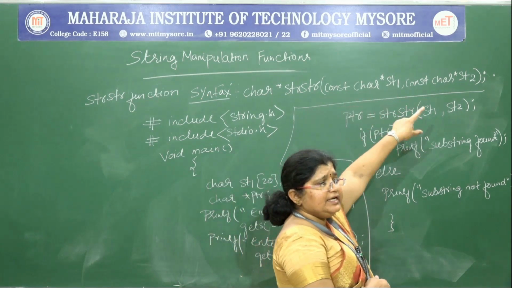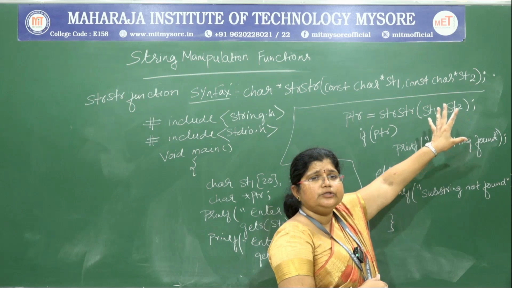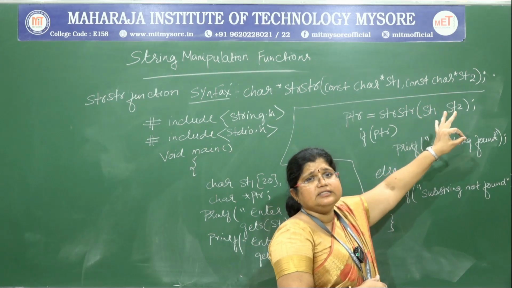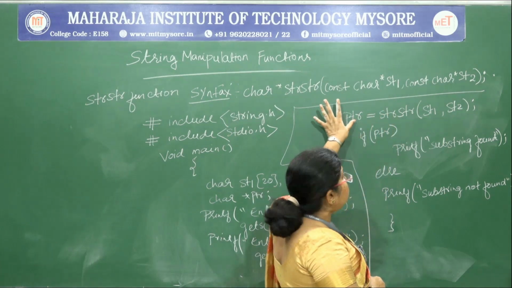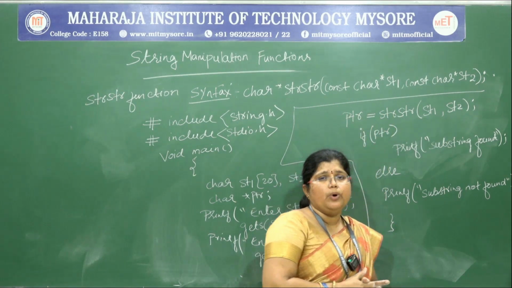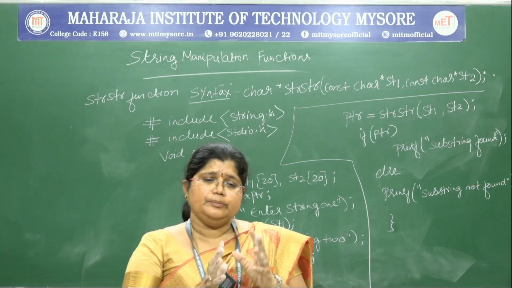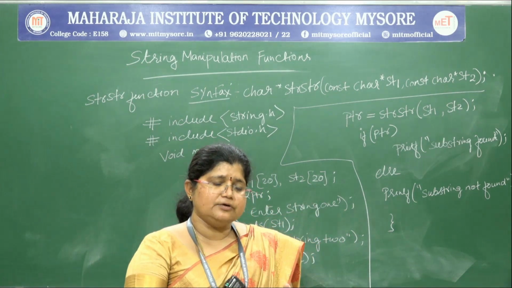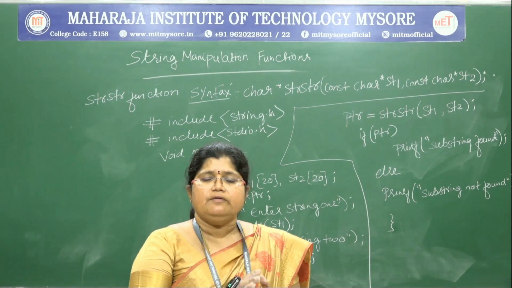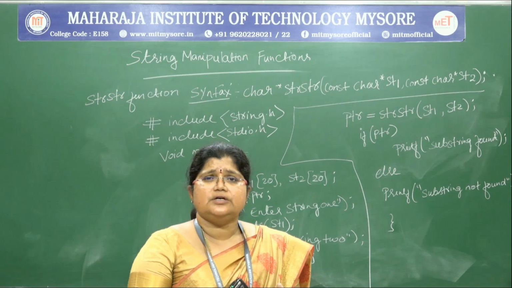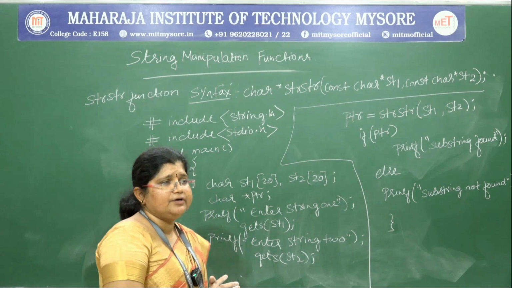The pointer must point to the starting point of the occurrence of the substring which is present in string 1. So to indicate whether the particular occurrence of the first substring is present, all those things can be done by using this strstr function.